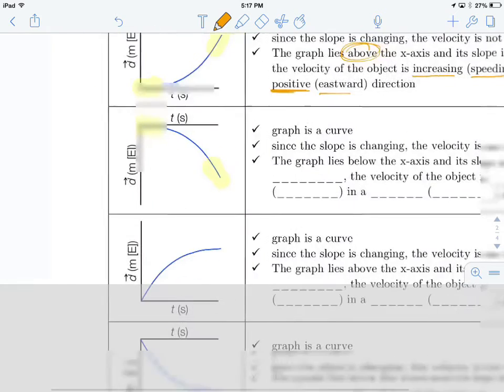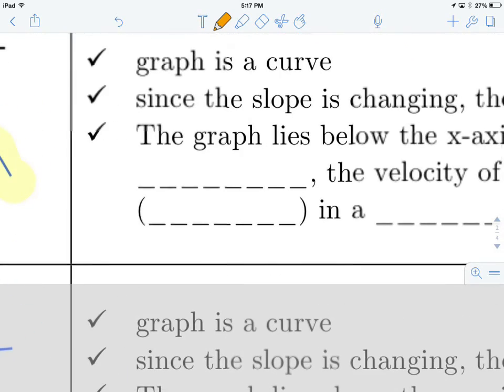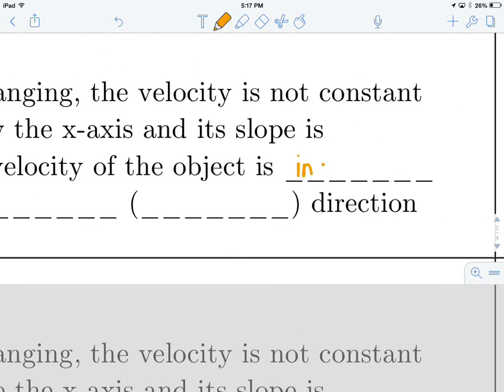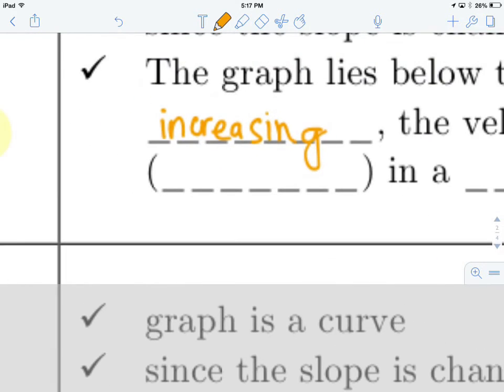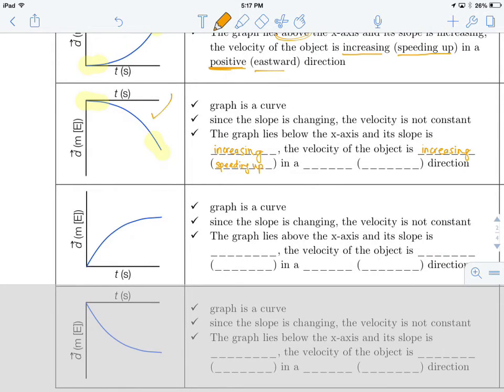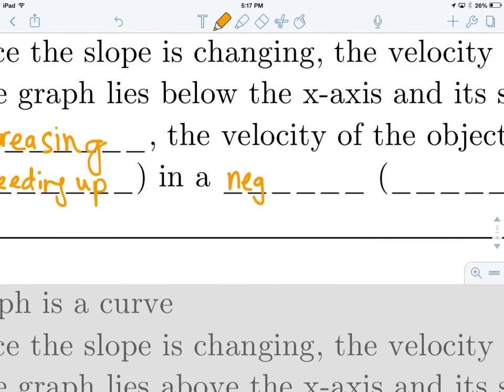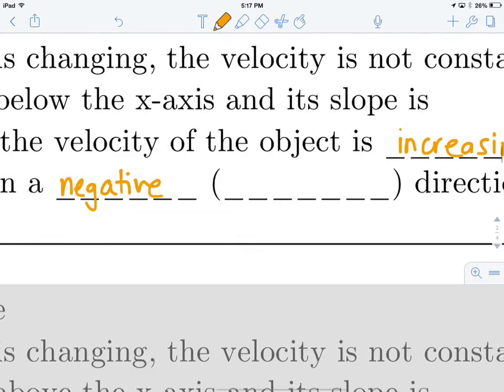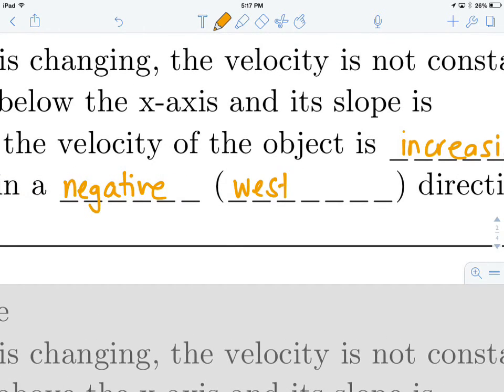So its slope is increasing, which means the velocity is increasing, and for something with an increasing velocity, it's speeding up. But this is the important thing next. The reason this graph is below the axis is because it's speeding up in a negative direction, or in our case, westward.